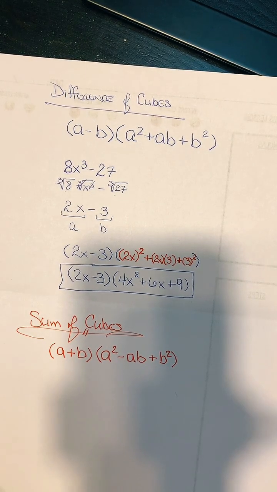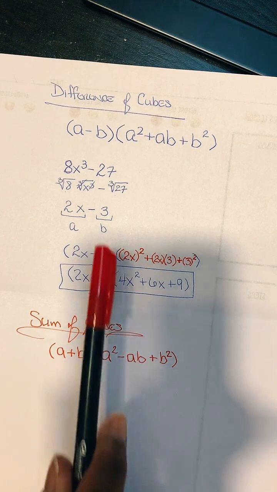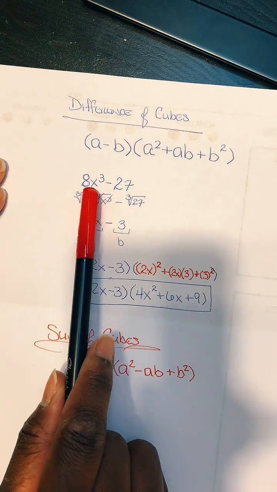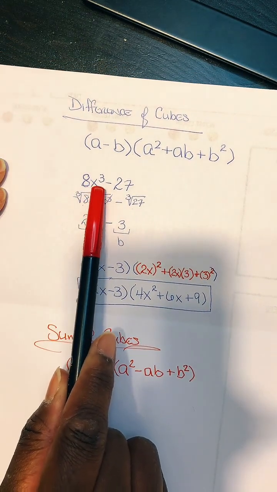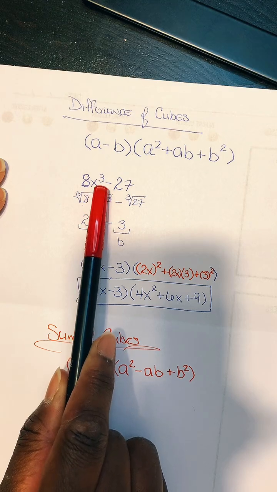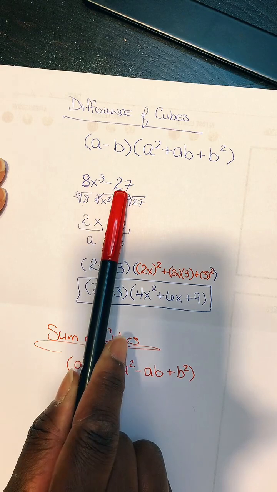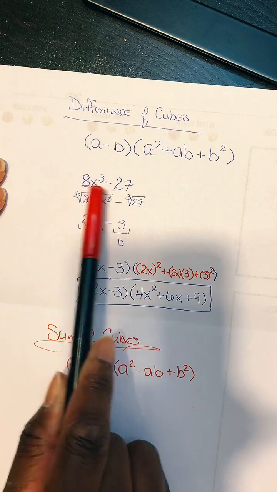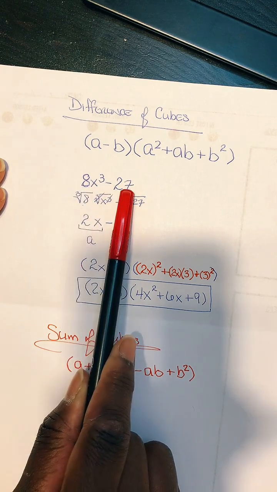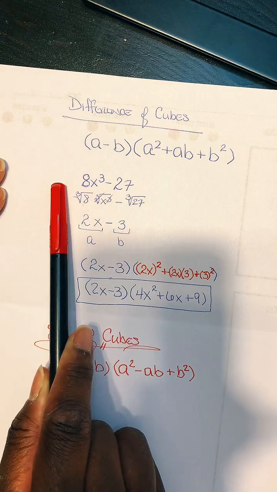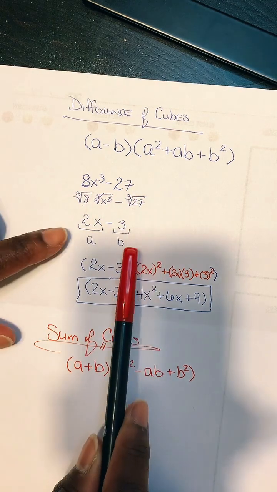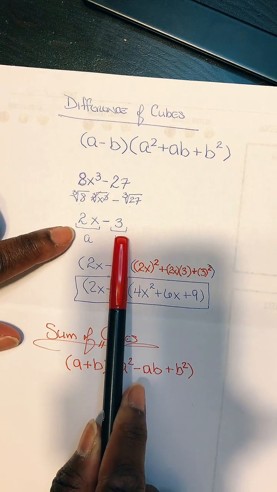Ruby, can you just explain how you decided to cube root the equation? All right. So what started it was I saw there's an x cubed. Once I see there's an x cubed and I notice 8 and 27, they're both perfect cubes, that's when I was like, all right, I got to cube root everything in order to find out what my A and B are.